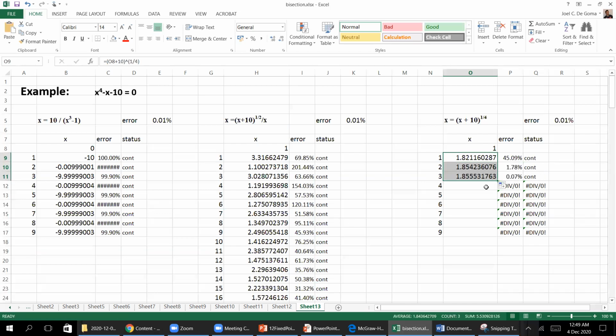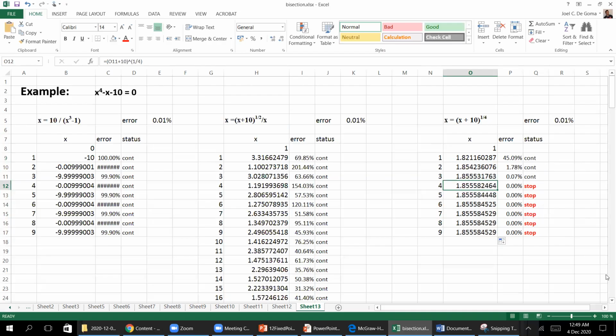We have 1.85. Then just continue substituting the new x. In the fourth iteration, we got less than 0.01% error.